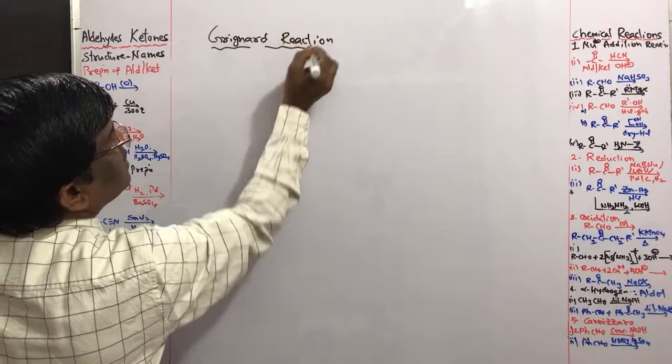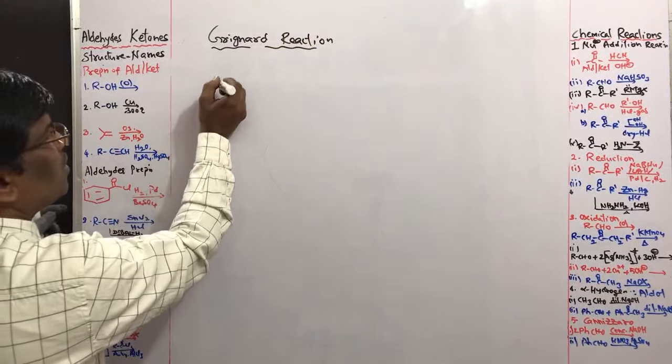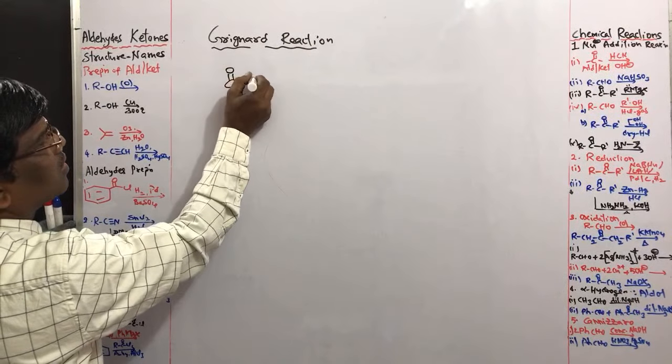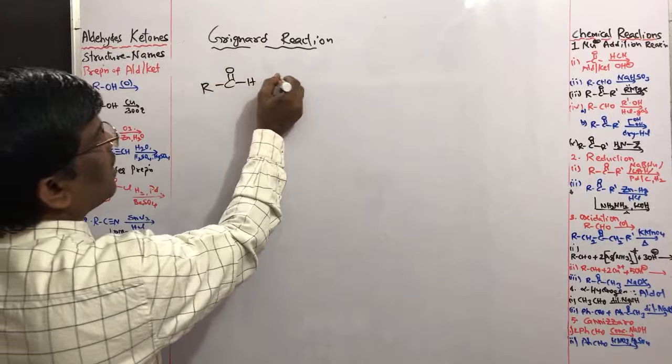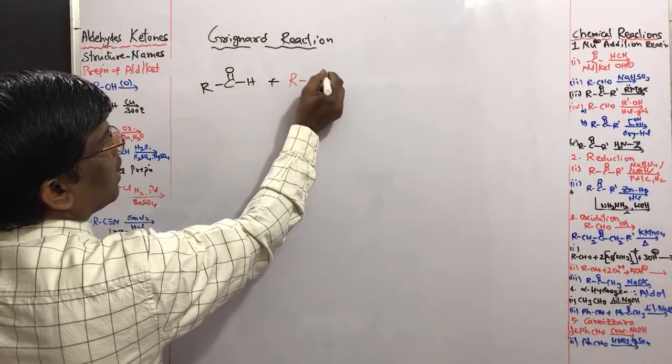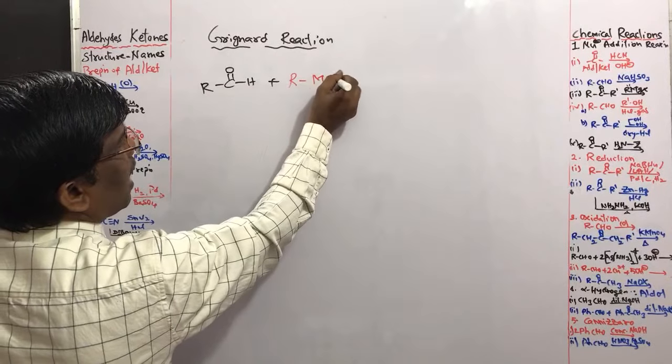Grignard reaction is very important, students. So if I take an aldehyde, what is the Grignard reagent? Alkyl or aryl magnesium halide.